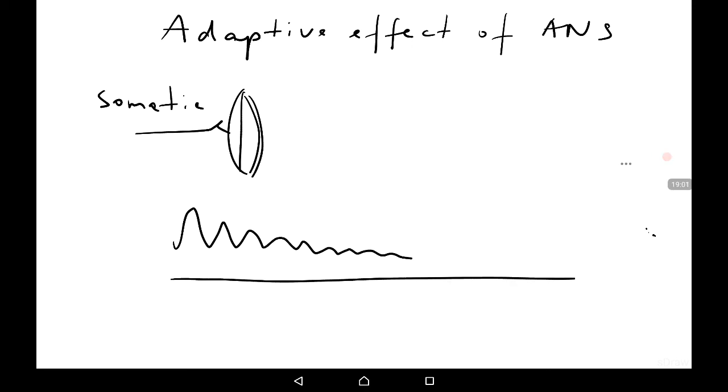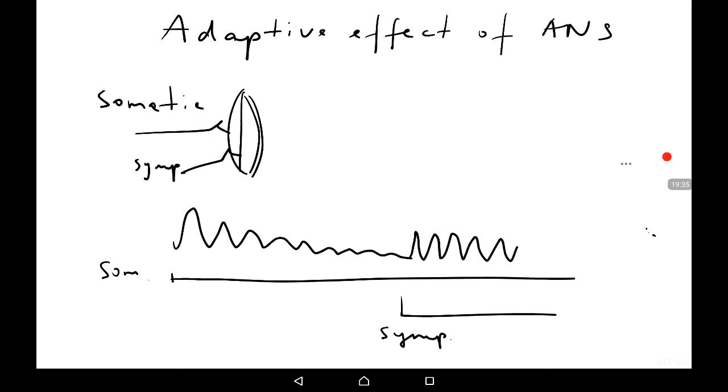While the scientist continued the stimulation of the somatic nerve, additionally the excitation of the sympathetic nerve was done, and when the sympathetic nervous system was stimulated in this situation, the muscle that was tired began to contract with increased force and amplitude.